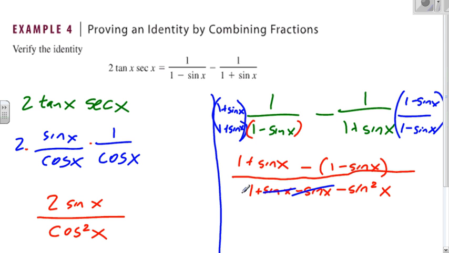So it's really just 1 minus sine squared for our denominator. Our numerator, we can add the opposite. So we have 1 minus 1 is 0. Sine plus sine is 2 sine.